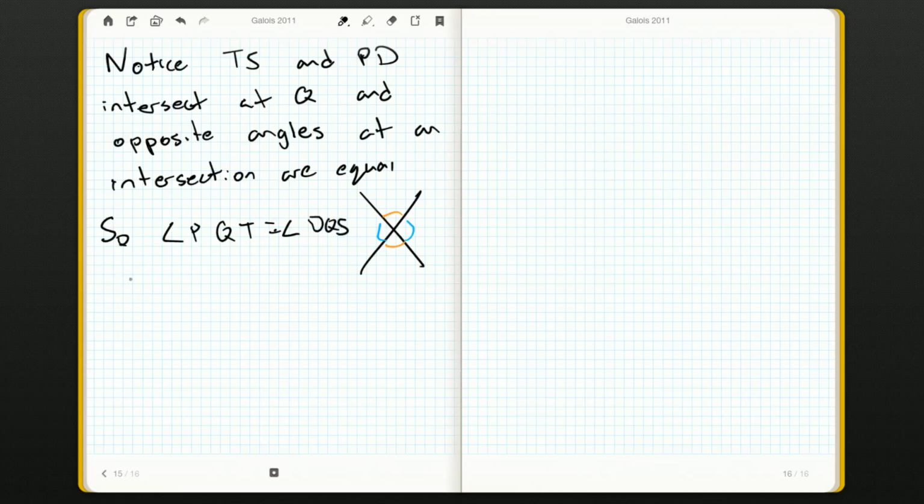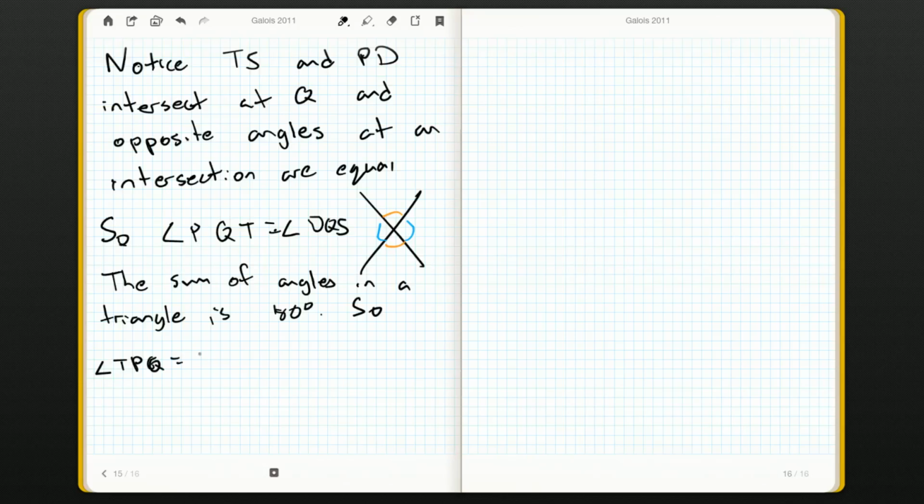So we just need to show the last one, which was TPQ is equal to SDQ. So the sum of the interior angles of a triangle is always 180 degrees. So TPQ is 180 degrees minus the other two angles.